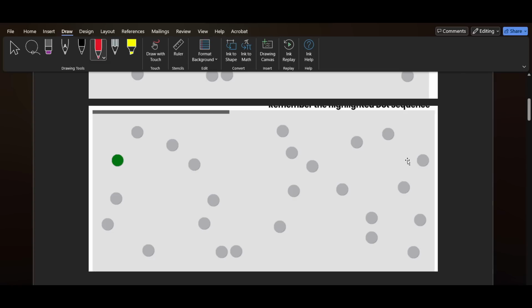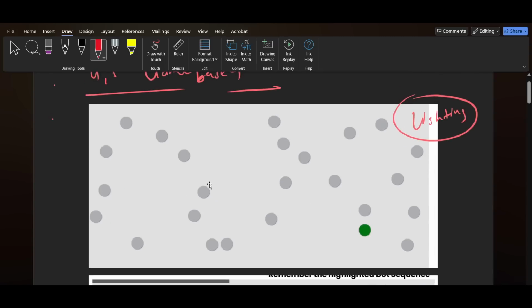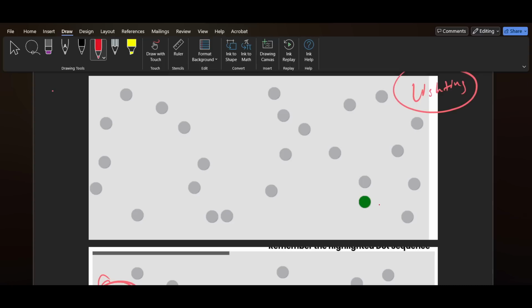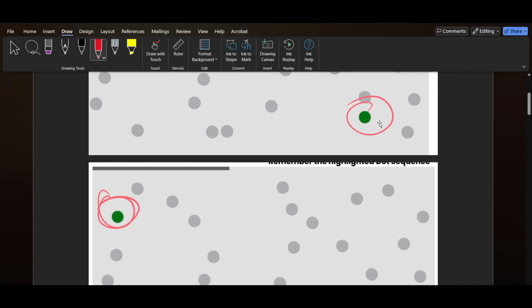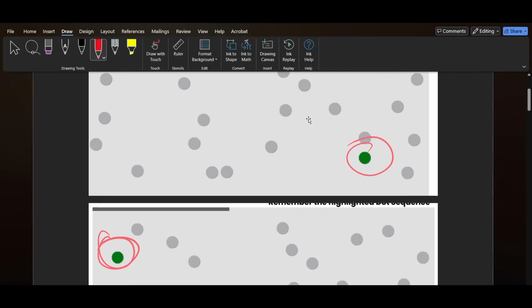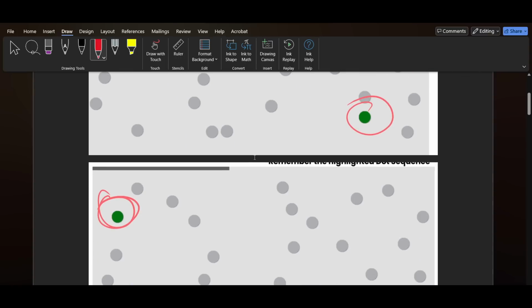They will ignite this kind of light 2 to 3 times. Suppose this kind of chart is given and they are igniting the light. First for this point the light is ignited, suppose next for this point the light is ignited. You need to remember for which points the light is ignited, so you need to remember the sequence.